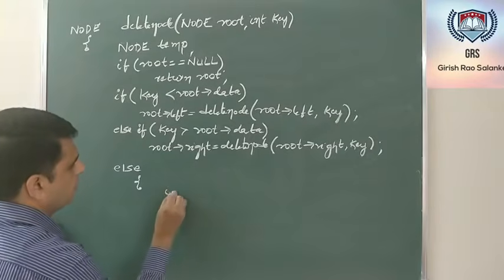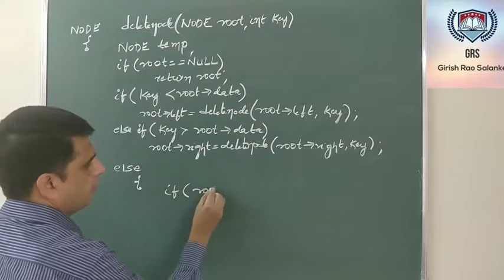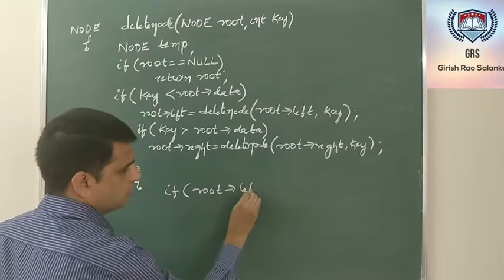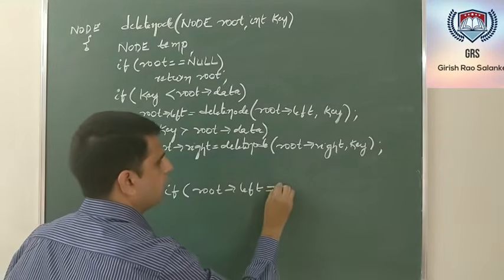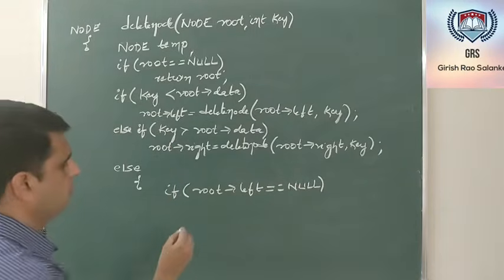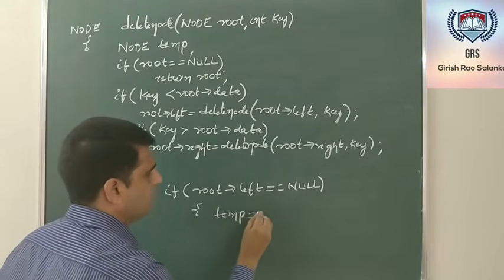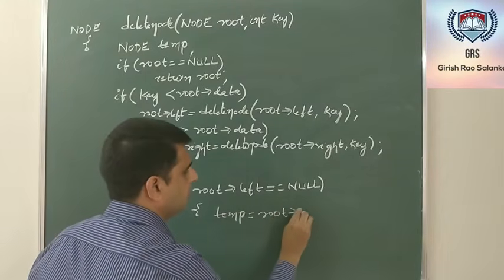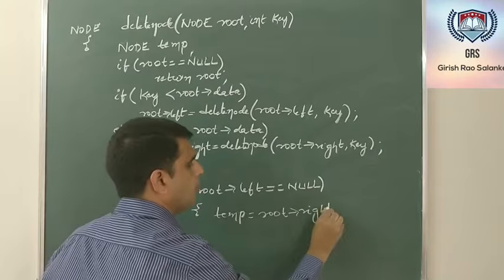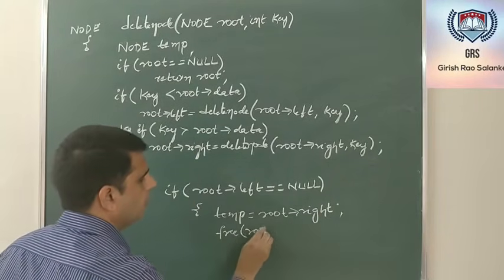Now, first thing is, this is case 2. If root of left is equal to null, temp is equal to root of right. Free root.